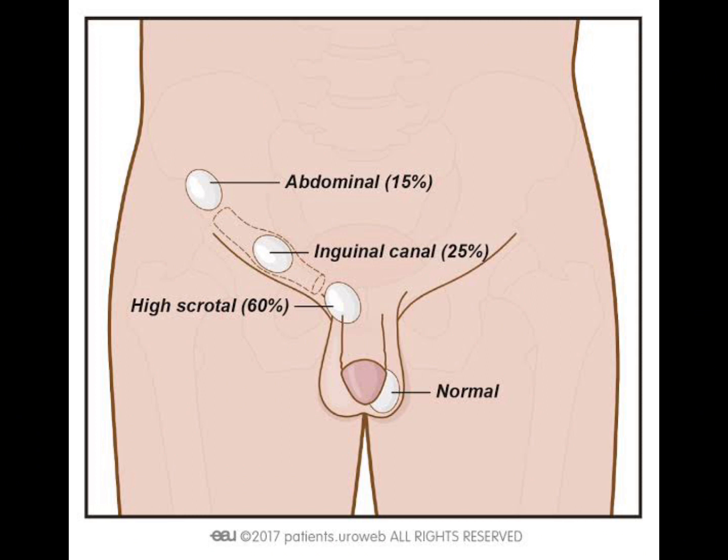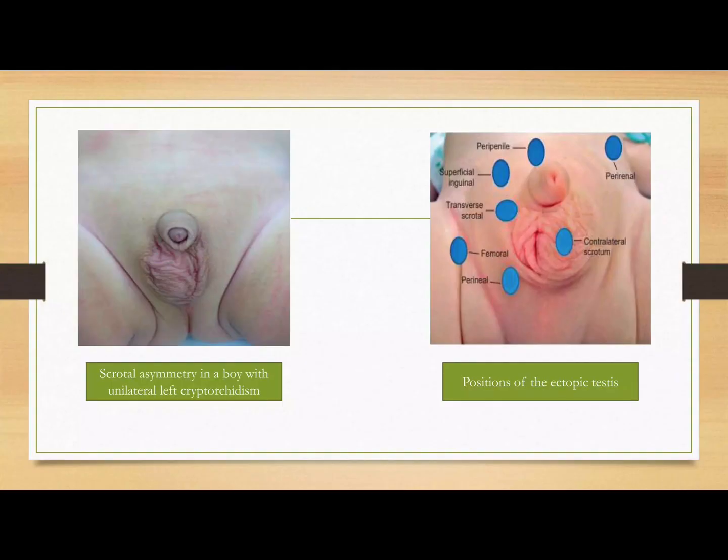And it is important that it is most commonly on the right side, and the reason is that on the right side the testis is present above during the embryological period, and that's why when we see asymmetry in the testis, the left is hanging downward as compared to the right one, and 20% of the testes are non-palpable.